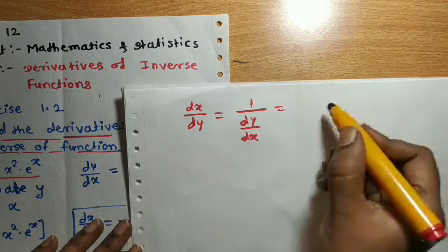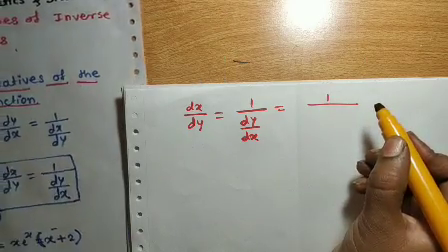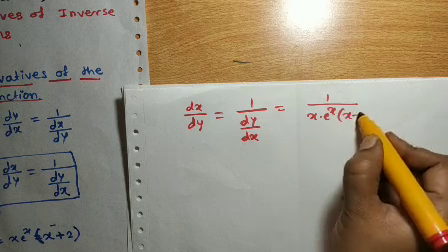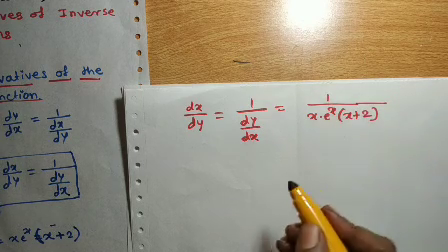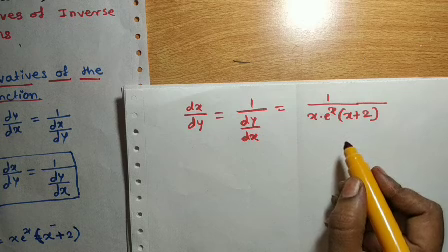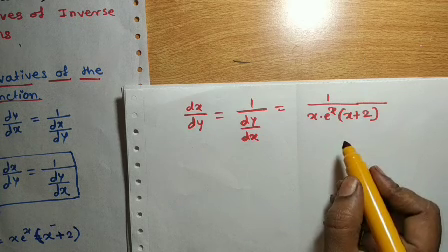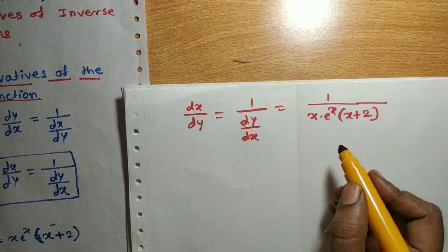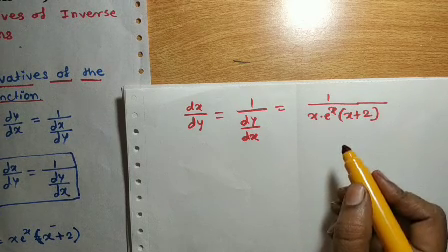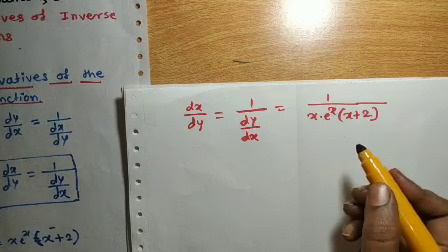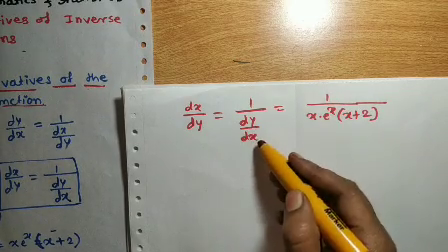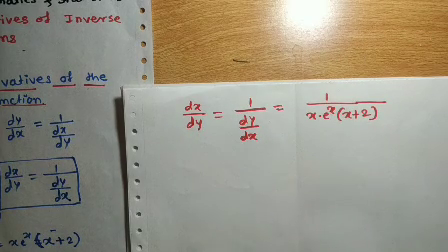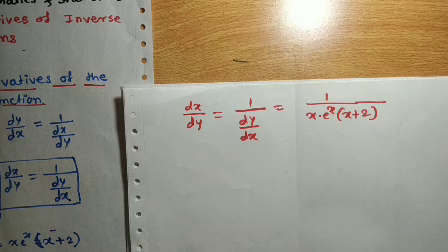Therefore it becomes 1 upon, what is dy by dx? dy by dx becomes x into e raised to x into x plus 2. This is the derivative of the inverse function. The given function is y is equal to x square into e raised to x. We first find the derivative of that function and then get the inverse of that, that is dx upon dy. In this way, we solve the other examples.